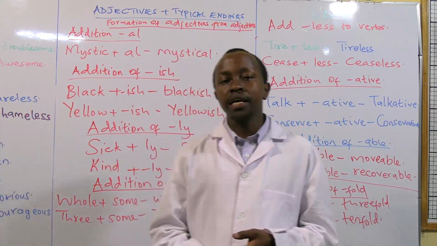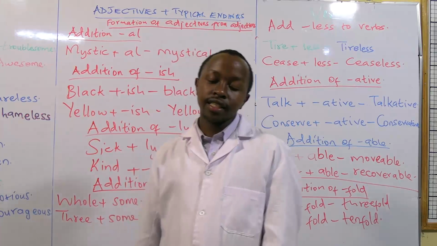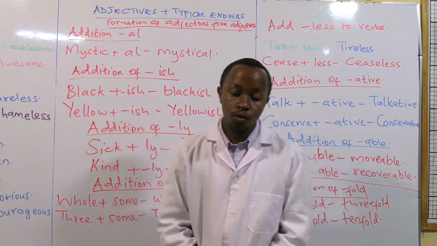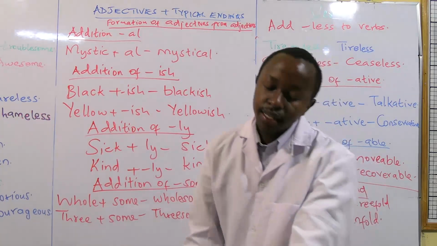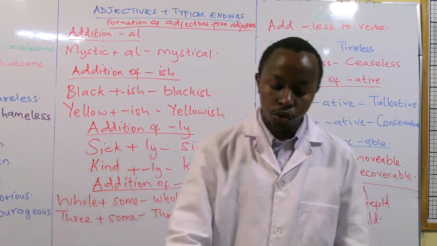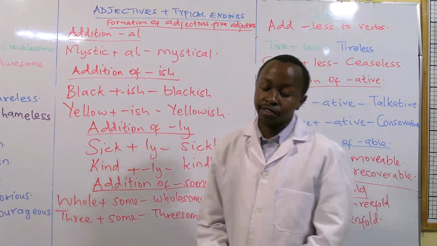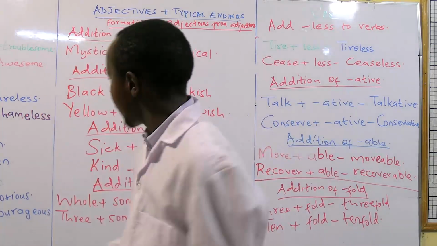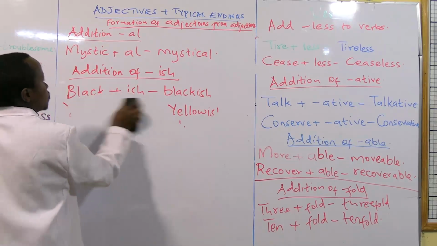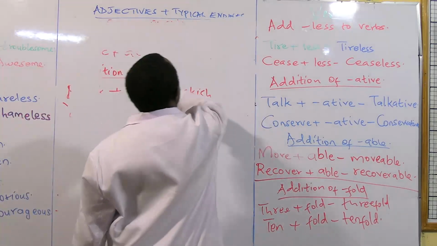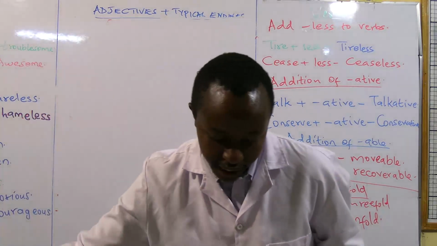And then, after forming the adjectives, you indicate the root and the suffix ending in each of the words. And then another thing is, add suitable endings to the words listed in order to form adjectives. The words that are listed are as follows.